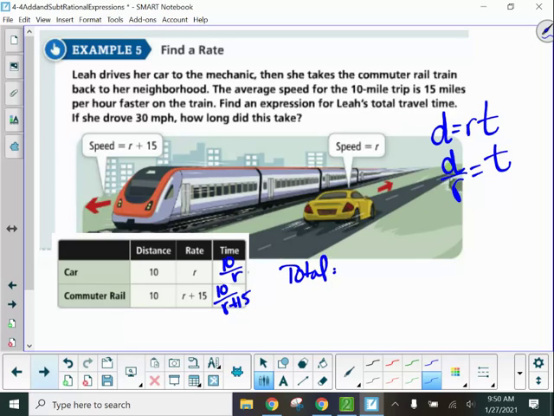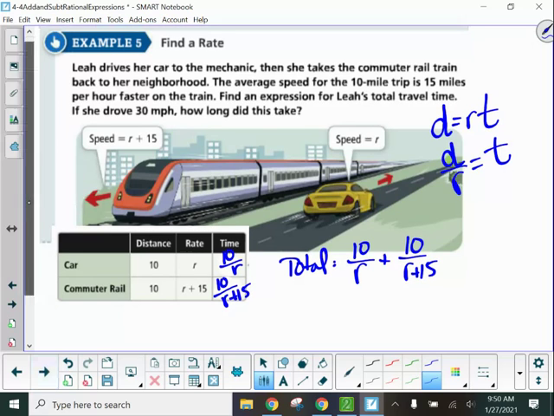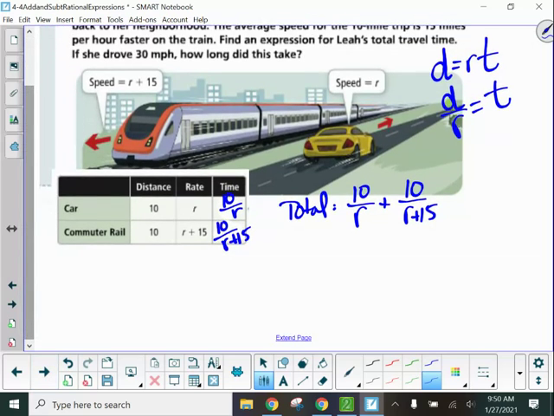The total time would be 10 over R plus 10 over R plus 15. Total means I need to add those together. We do have to find an expression, so I can't plug in the 30 for the R yet. I have to wait until I get down to my final combined expression.